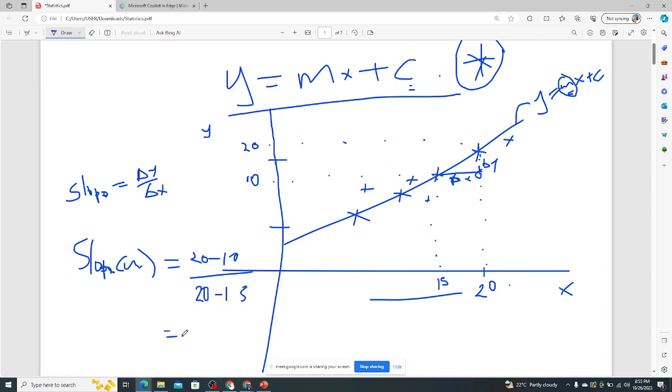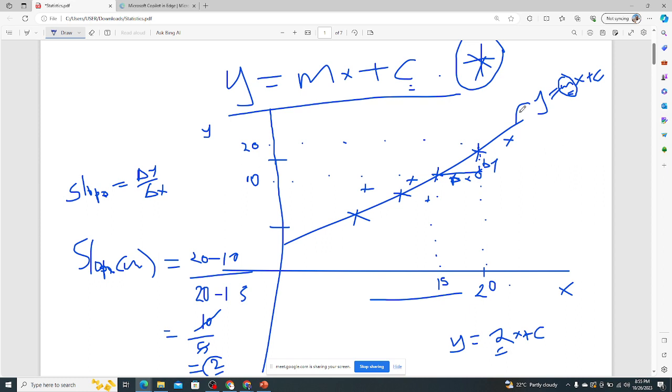So in this case it will be 10 divided by 5, and of course our gradient will be 2. If we were to use this gradient, then our new equation would be y equals 2x plus c, because we've already calculated the gradient.